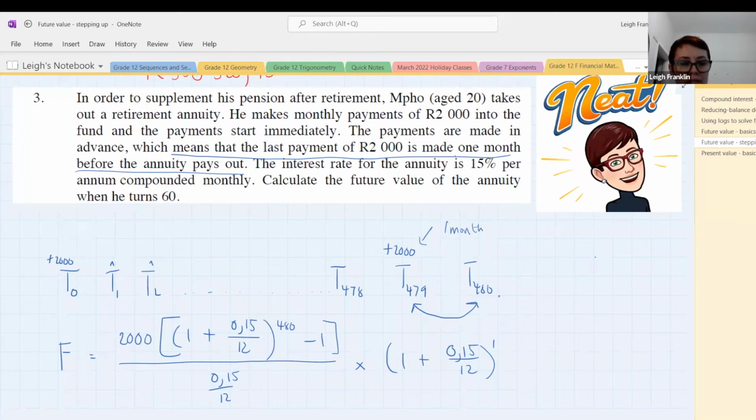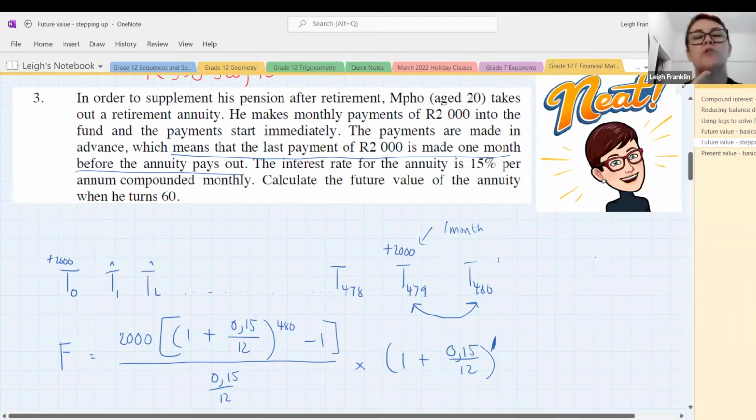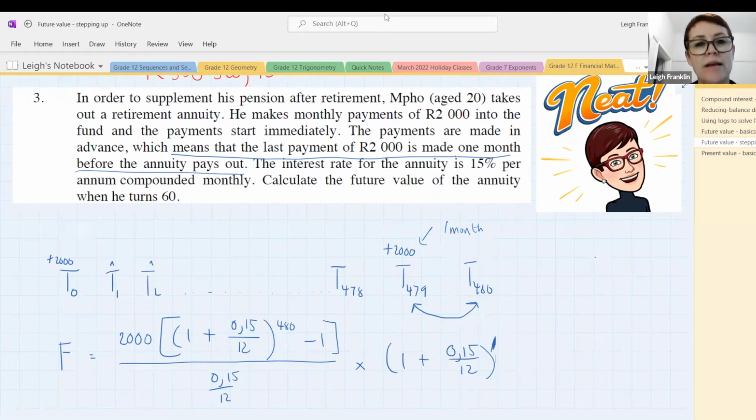So it stayed in his account and earned interest for that 1 month, because interest was compounded monthly. Remember again, the 1 on the compound interest represents the number of times the interest was compounded in the period. So if interest is compounded monthly and it's left in the account for 1 month, then the value of N is 1.